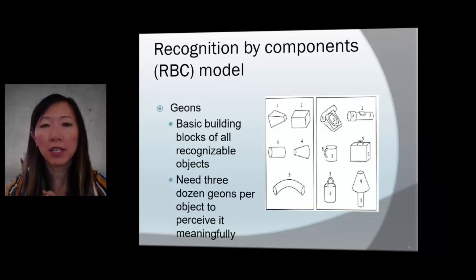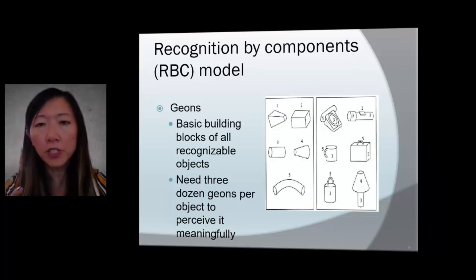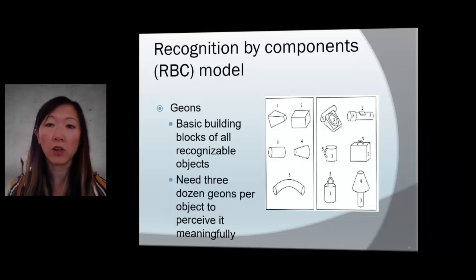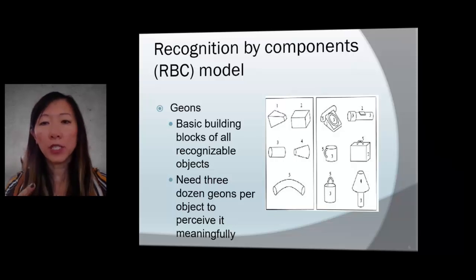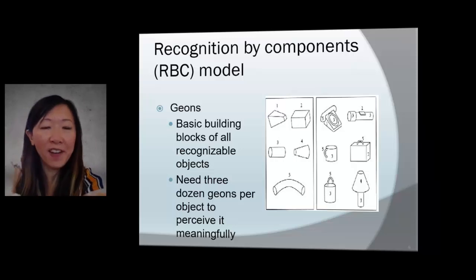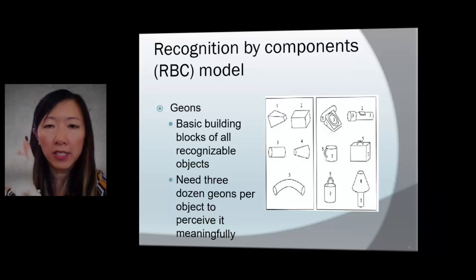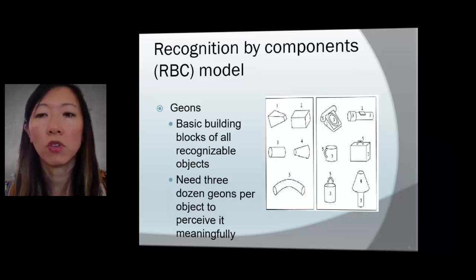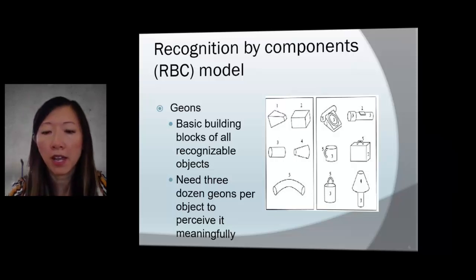So we take these geometric shapes and match them together, building them to make a phone or a flashlight or a coffee cup. We don't see the whole phone at once. We very quickly scan our brains, find the pieces, put them together, and then recognize what it is. So that's another example of a bottom-up theory.